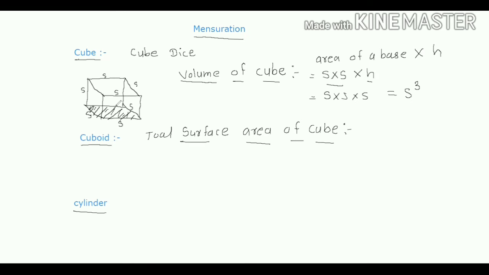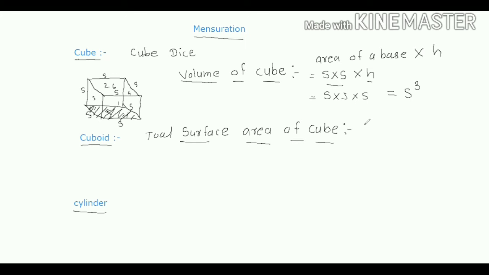Total surface area means how many surfaces there are in the cube. This is the first, this side 2, this 3, here 4, below 5, and above 6.